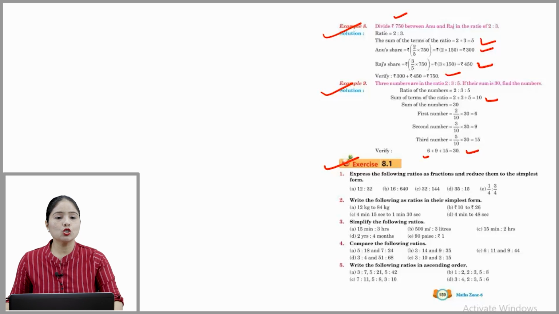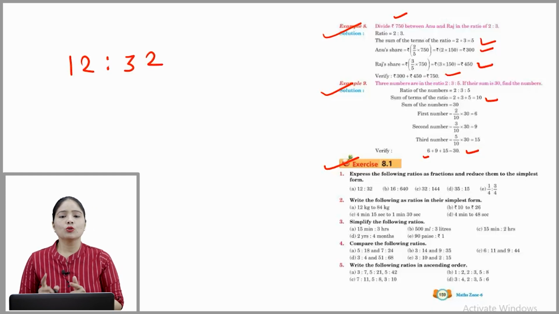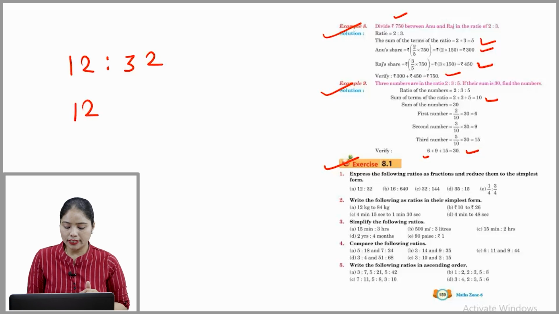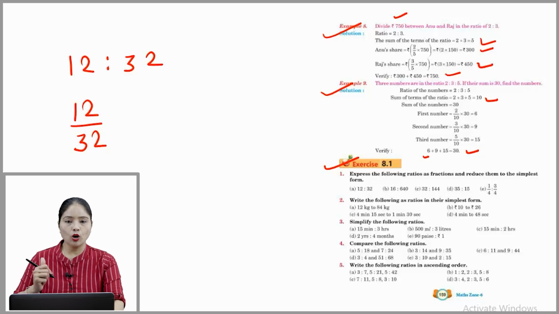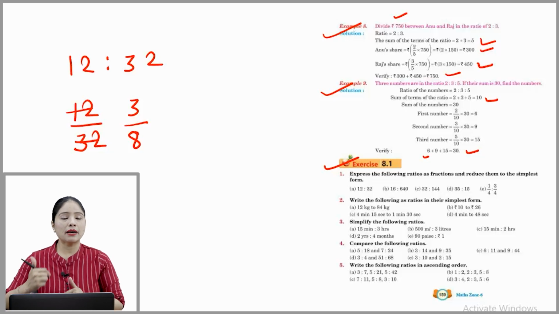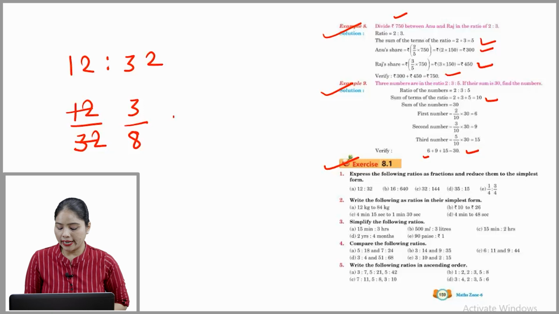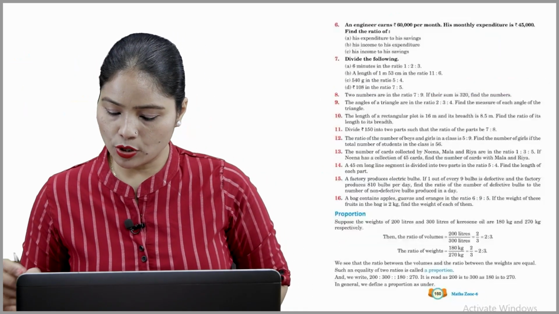So first one is given 12:32. हम क्या करेंगे, इसको फ्रैक्शंस में लिखेंगे 12/32. अब क्या करना है, सिंपलेस्ट करना है, तो हम इसको सिंपलेस्ट करेंगे. कौन सी टेबल से, हमारे ये दोनों के दोनों कट रहे हैं अच्छे से. 4 3s are 12 and 4 8s are 32. 3/8. सो 3/8 अब फर्दर हमारे किसी और टेबल से नहीं कटता है, सो 3/8 इज द आंसर. ओके, आई होप यू अंडरस्टूड वेल बेटा. सो दीज आर द अदर क्वेश्चंस, यू हैव टू कंप्लीट इट योर ओन.